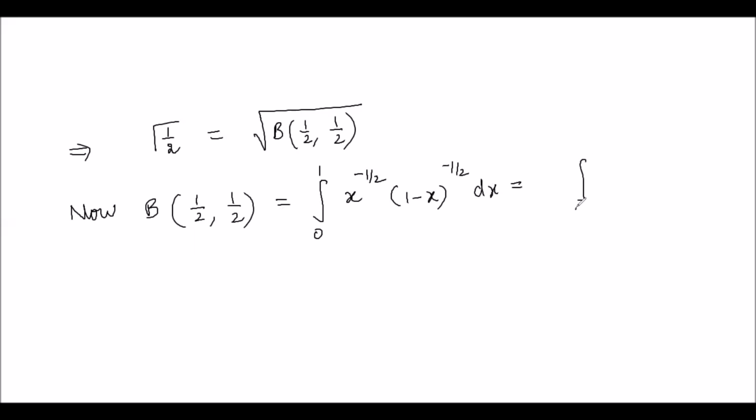Evaluate this integral and prove this result. In this way you can prove that gamma of 1 by 2 is square root pi, which means this integral should come as pi. So in this way, you can prove this property. That's all. We will be discussing some more topics in our next video.